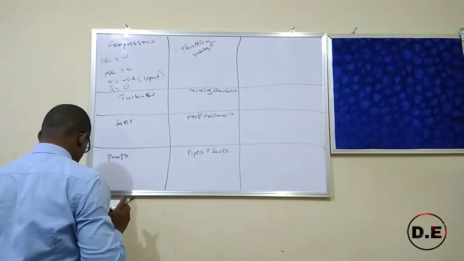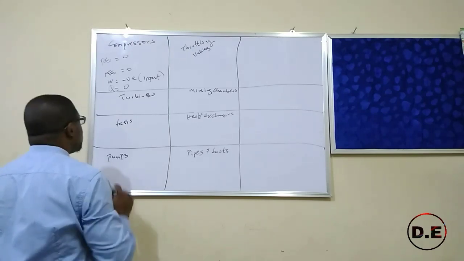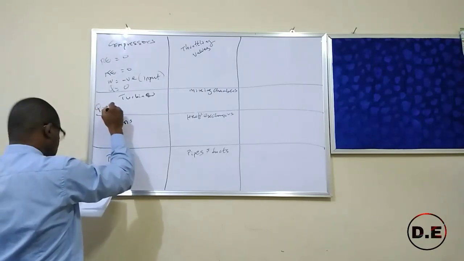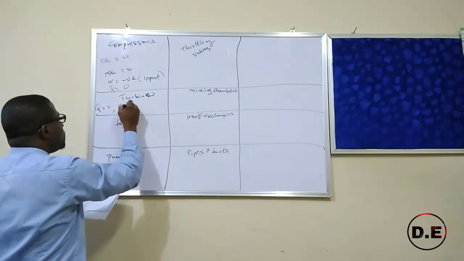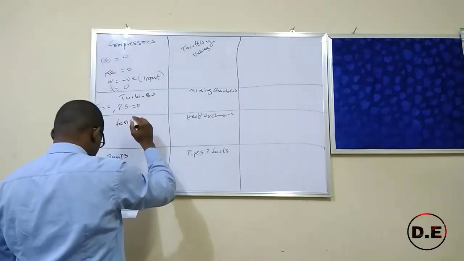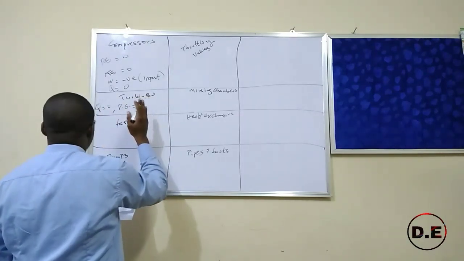Then we look at, for turbines, we have Q is equal to 0, P dot E is equal to 0, that's the potential energy, okay? The heat through the turbine is 0.